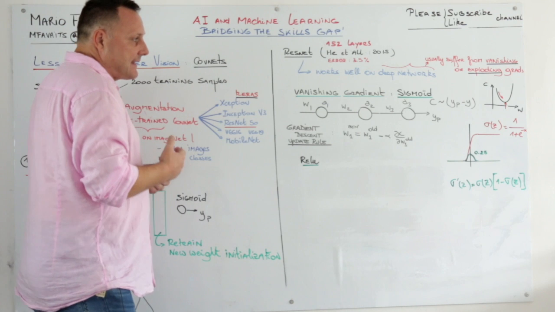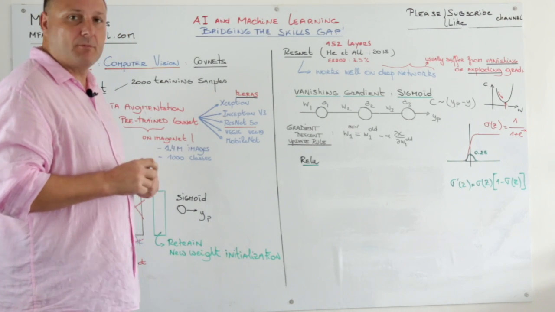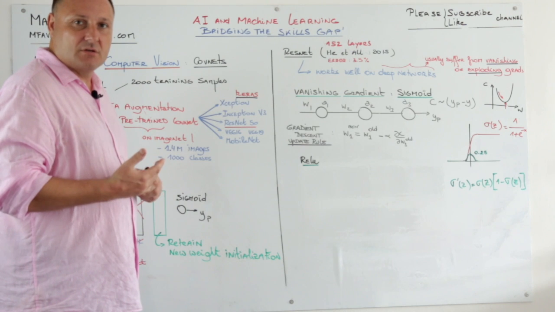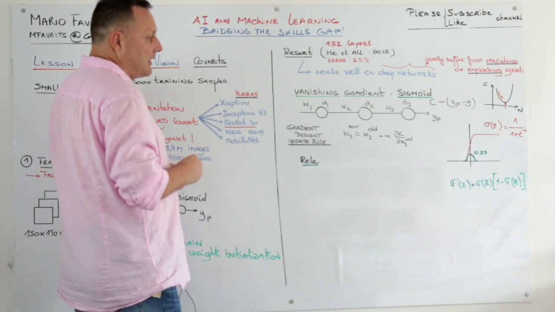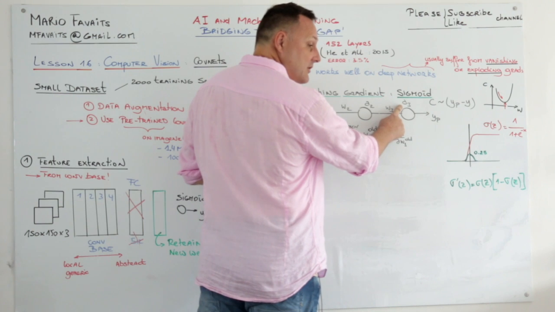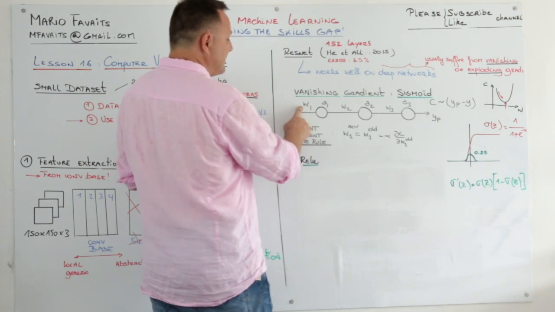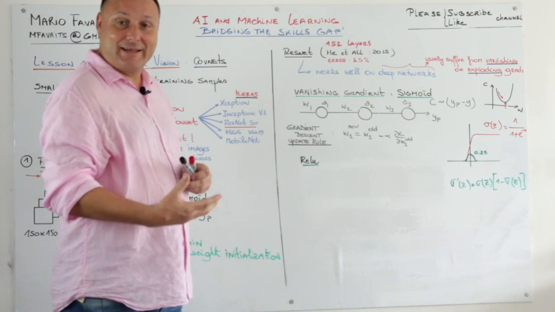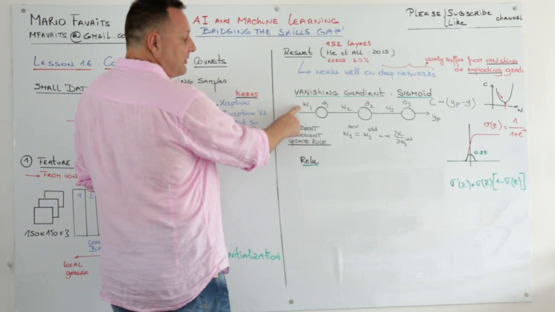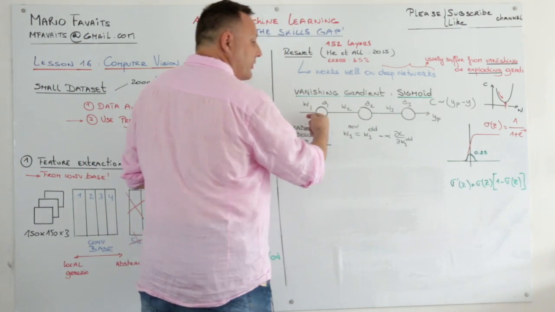Now, we've seen that in deep networks, the way we do this is backpropagation. Why do we use backpropagation? Well, because the activation A3 that generates the output is not dependent on W1 directly. It is indirectly dependent on W1 if you work your way through.